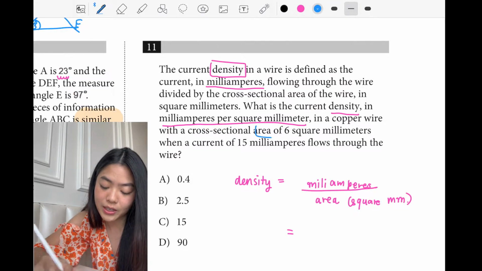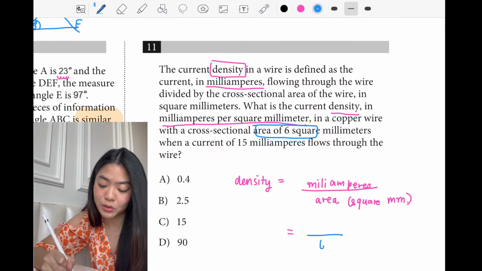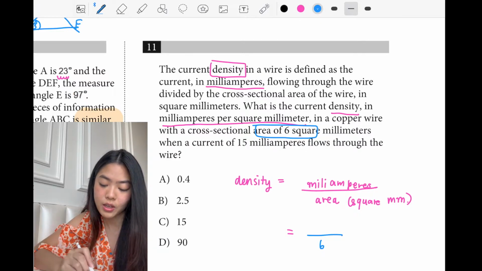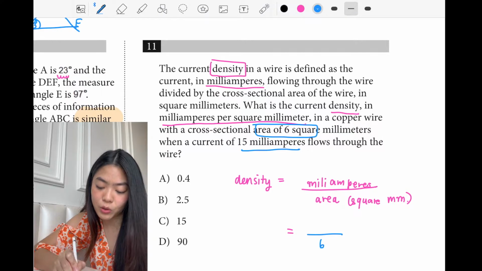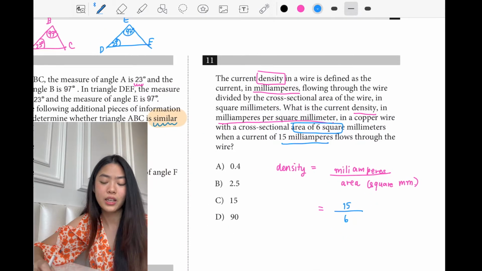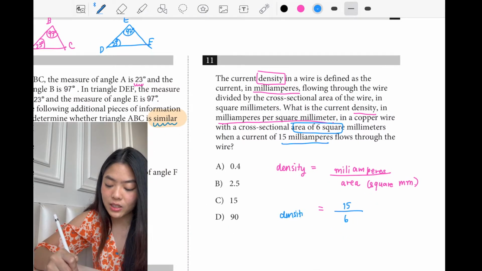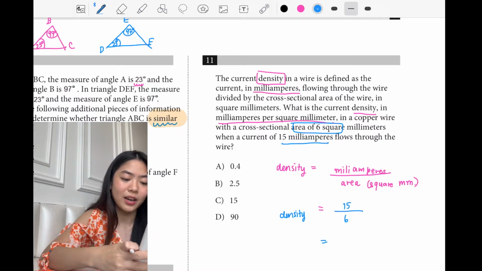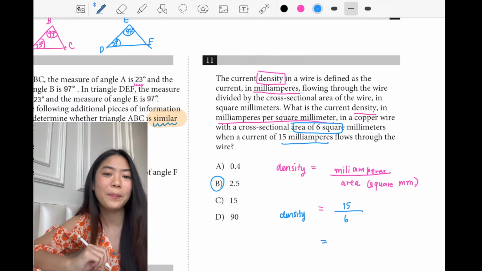It's given the area, so we're going to substitute an area of 6, and it's also given the milliamperes flowing through the wire, which is 15, so we're going to use 15. Therefore we can find the density by 15 divided by 6. Okay, then the answer will be 2.5, B.